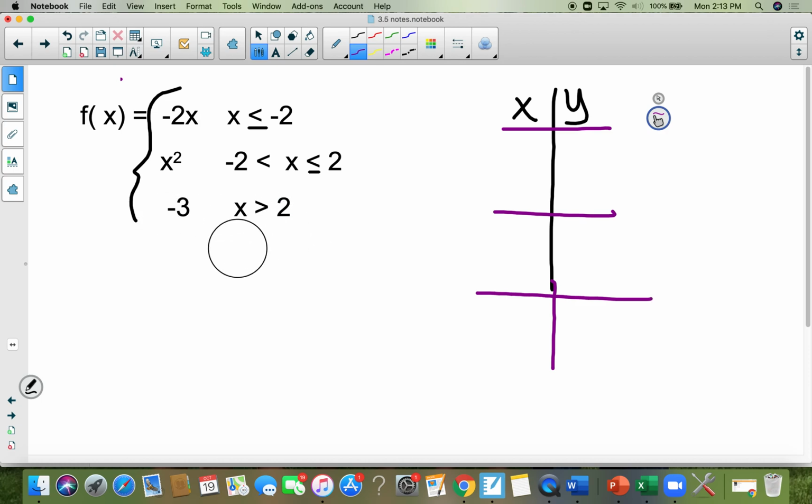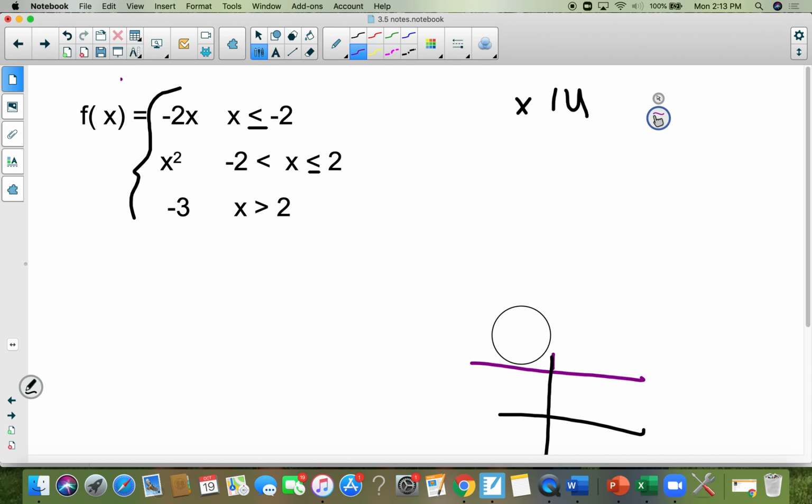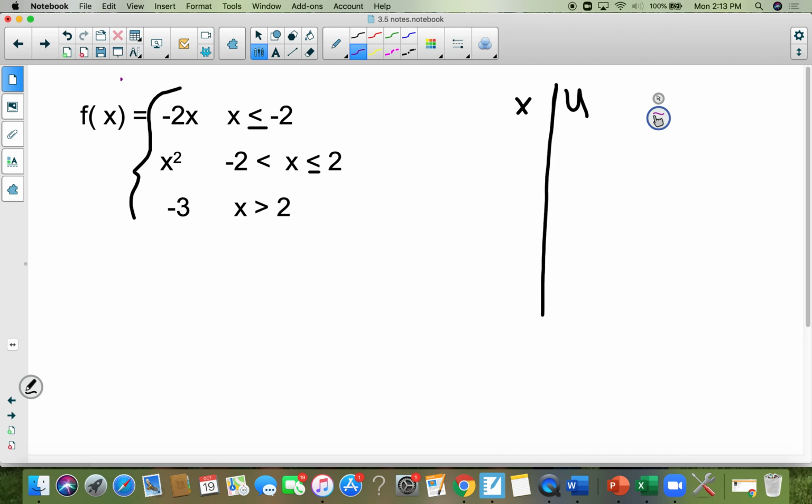But sometimes in calculus, you might have 5 sections, so you'd have to divide your chart up into 5 sections. So just giving you a heads up, in college algebra, it depends on how many pieces they want you to break it up into. Okay, so this one's 3 again, so I need 3 sections.